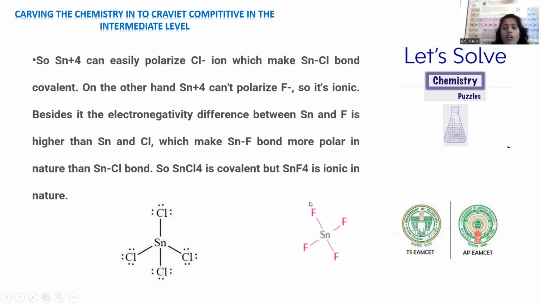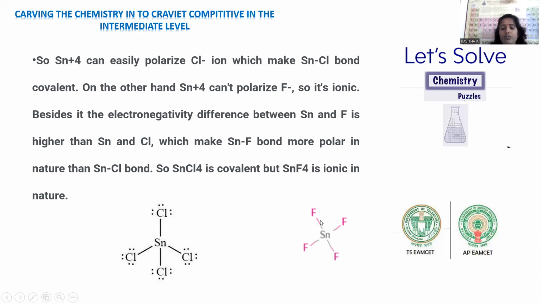Whereas tin can't polarize the fluoride ion; polarization may not be possible. This polarizability can be explained by Fajans' rules, and that is not seen in tin tetrafluoride, so we can say it is ionic in nature. The second factor is electronegativity. Here the electronegativity difference between tin and fluorine is highest.